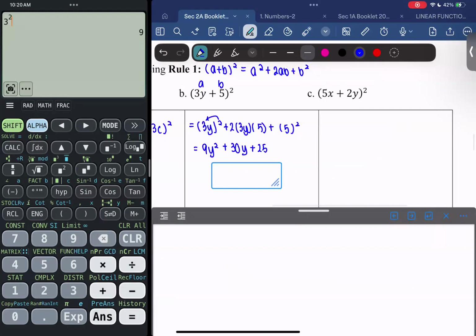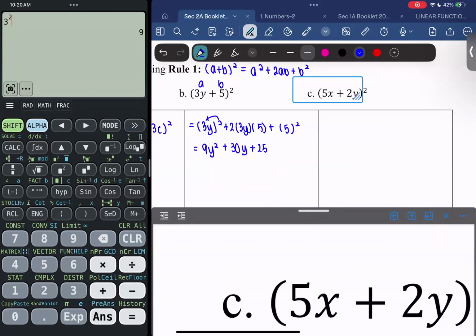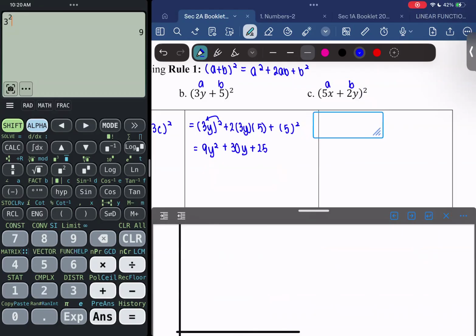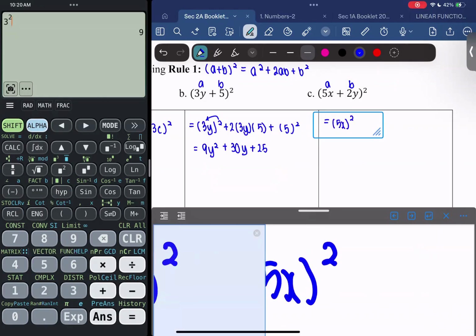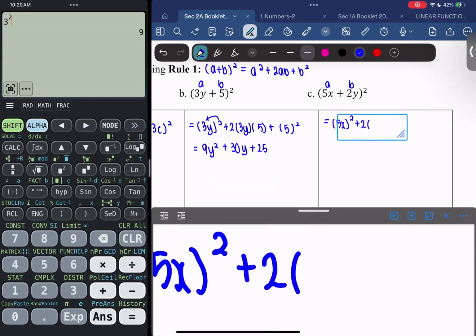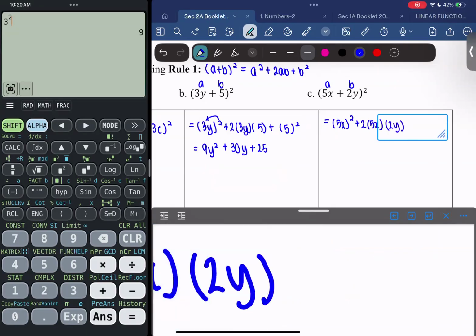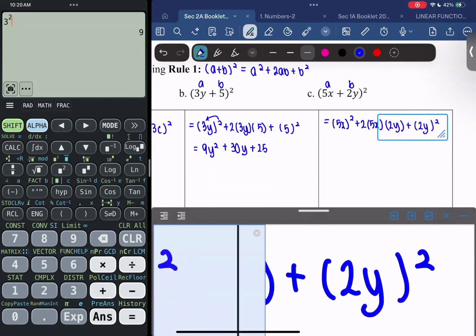Question C, same thing. A, B, replaced. So 5x squared plus 2 times 5x times 2y plus 2y squared.